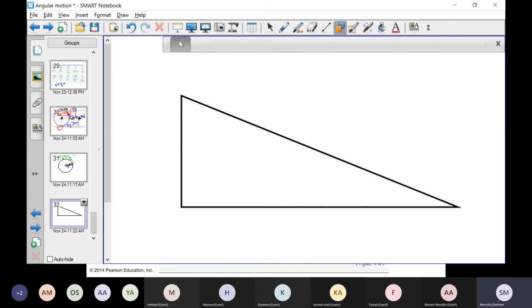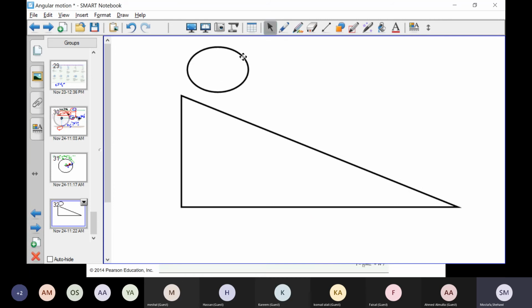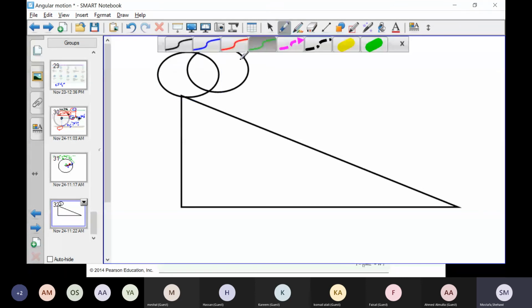One of them will be a shell that's going to rotate here, and the other will not be a shell, it will be a solid cylinder.